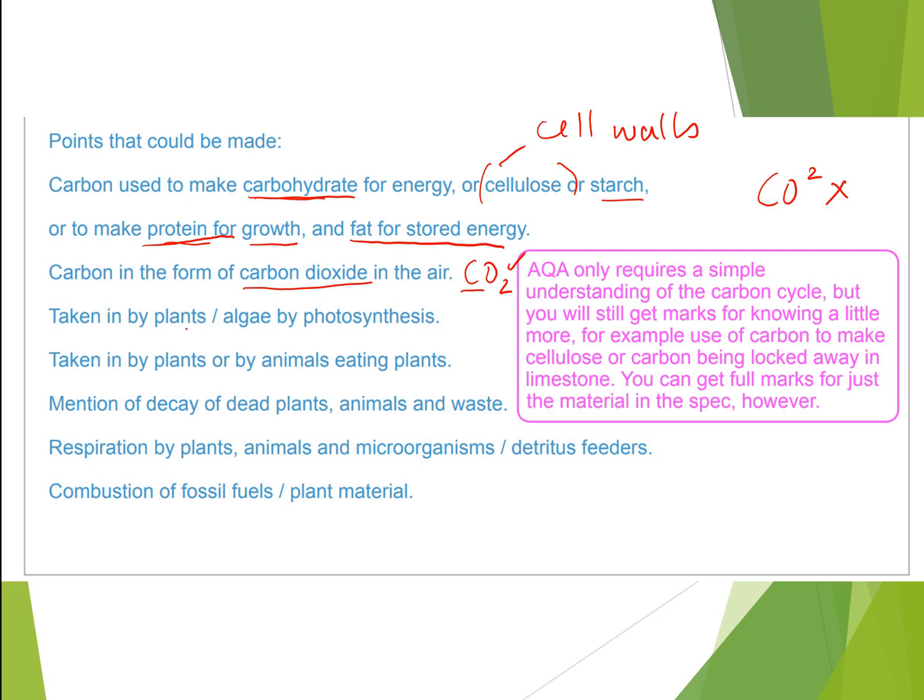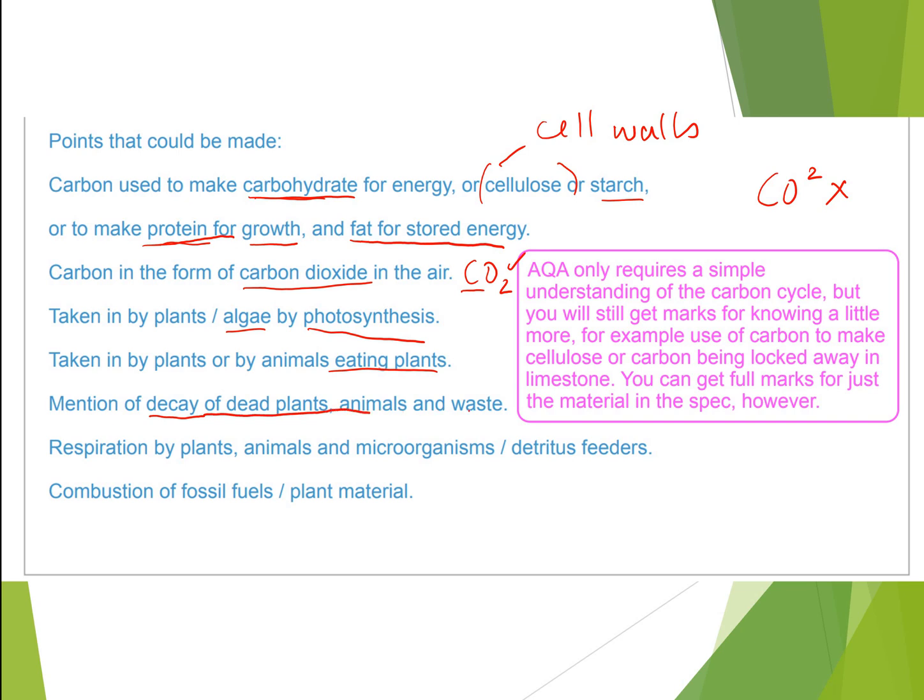The carbon dioxide is taken in by plants, or you could say algae. I haven't seen that very often, but some people do. And the key process is photosynthesis. The carbon is also then taken in by animals that have eaten the plants, okay? You need to mention decay.